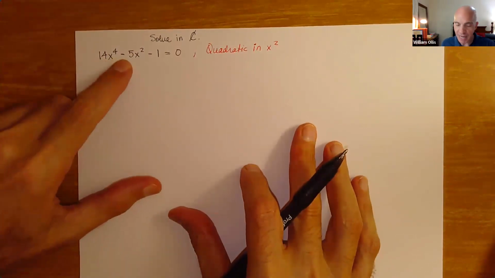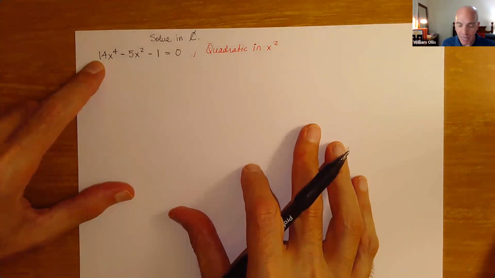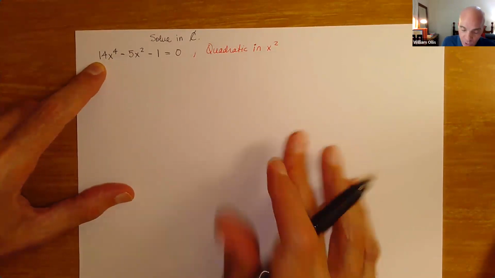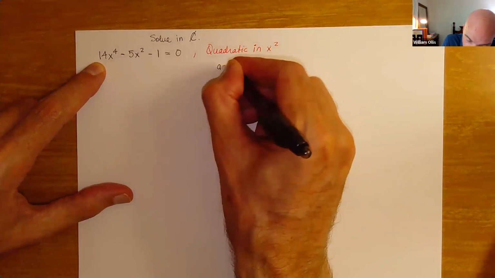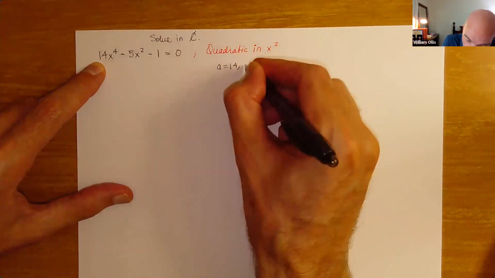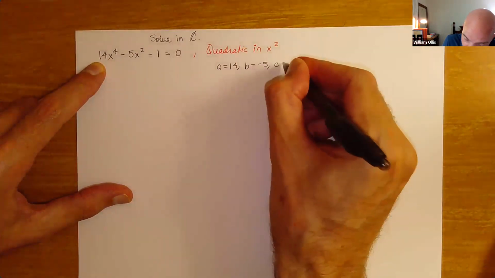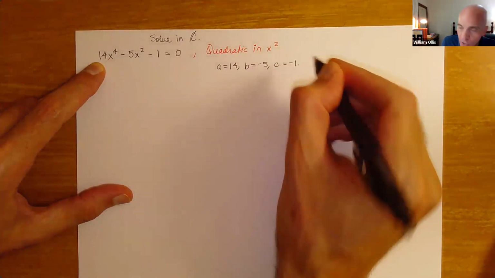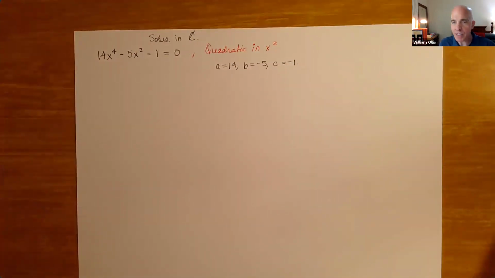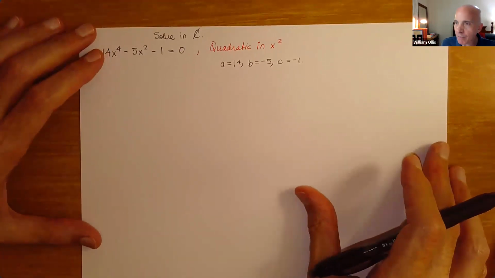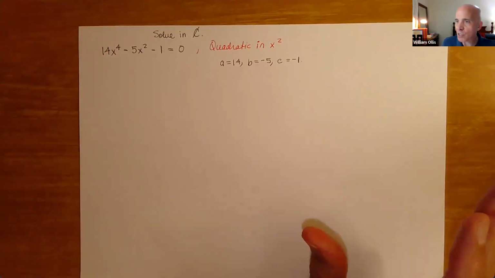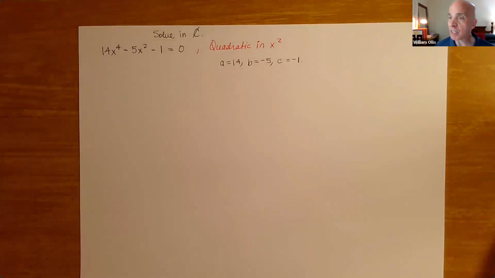And then we have the same types of coefficients. We have an a equal to 14, b equals -5, and c equals -1. So once we have that standard form, it doesn't matter. We just now have quadratic in x squared instead. So we don't have any new theory. We just treat the new equation in x squared and be done with it.